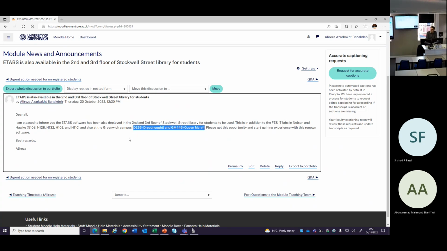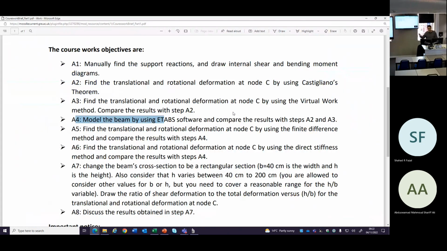Otherwise, any of these work for you to go there and get some experience before 25th, and on 25th we go to Nelson and try to solve any potential problem.